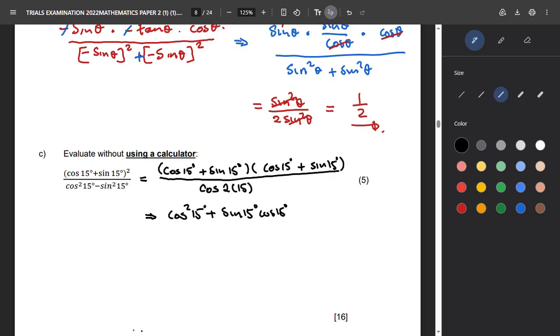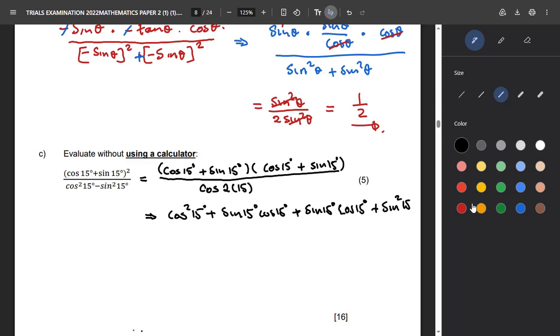So now I'm done multiplying the second bracket by cos. Now I need to multiply the second bracket by sine. So this gives me sine times cos, that's sine 15 and the cos 15. Sine times sine, that's plus the sine squared 15.